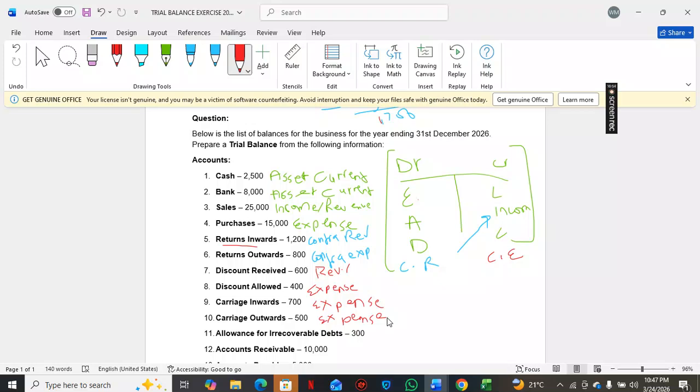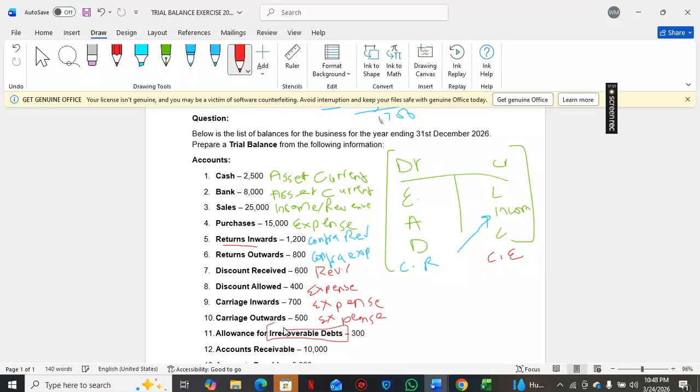Allowance for irrecoverable debts. Expense. Almost close. If it was just irrecoverable debts.